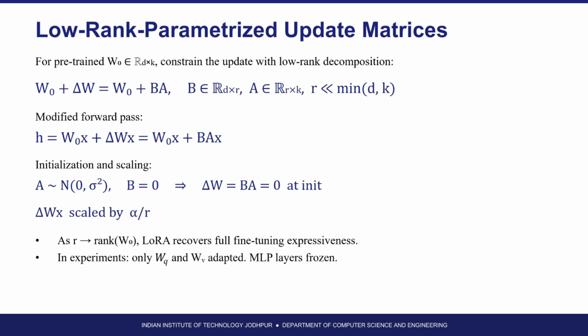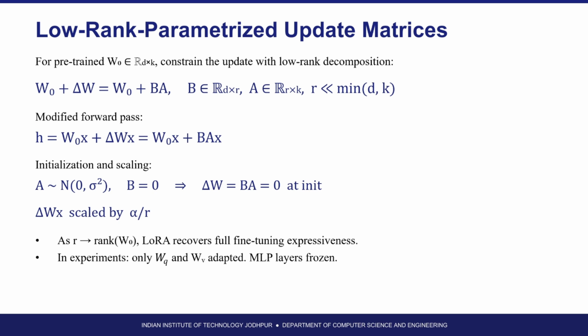So what is the formal LoRA formulation? One more time. Suppose you have a pretrained weight matrix W0, which is of size D cross K. We constrain the update with a low-rank decomposition. Delta W is equal to BA, where B is D cross R and A is R cross K, and R is very small compared to D and K. So the forward pass becomes W0x plus BAx.